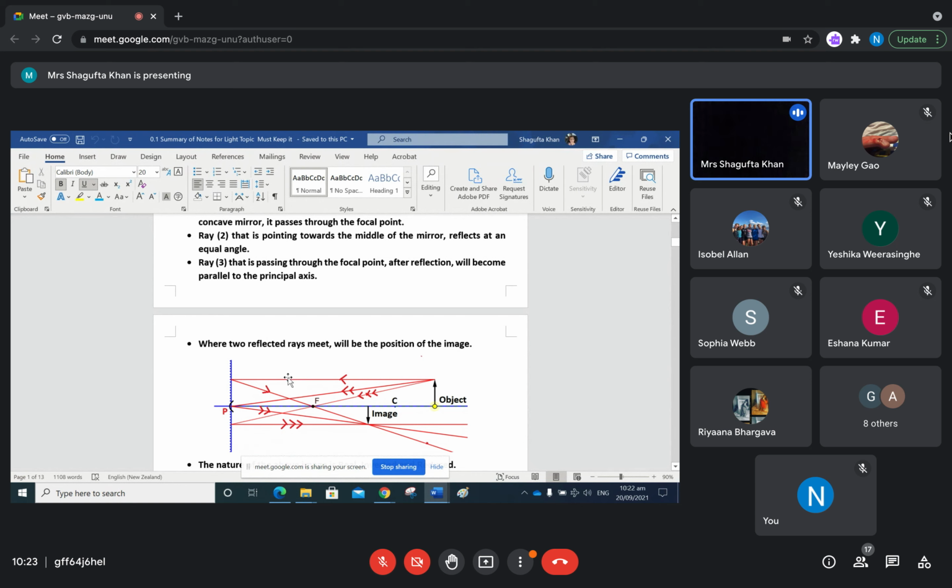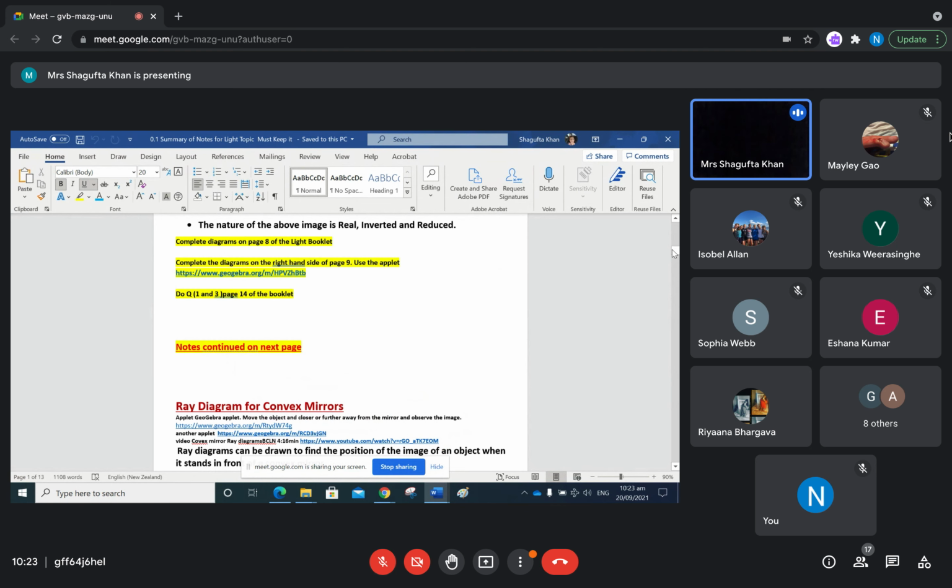Like when you stand close to a makeup mirror, it gives you an enlarged image because you're standing within the focal point and the mirror. So a concave mirror makes two types of images, but a convex mirror only makes one kind of image.